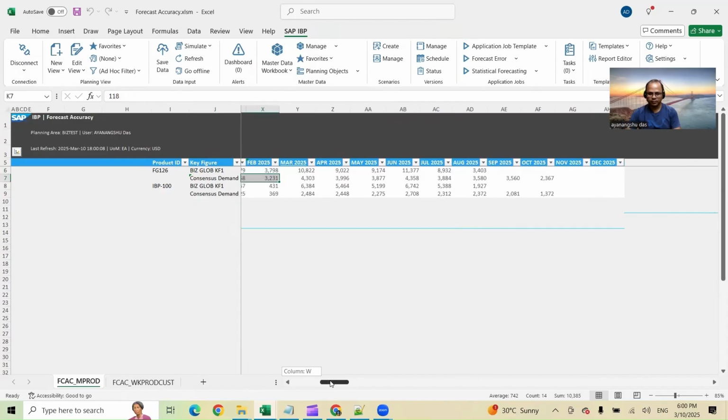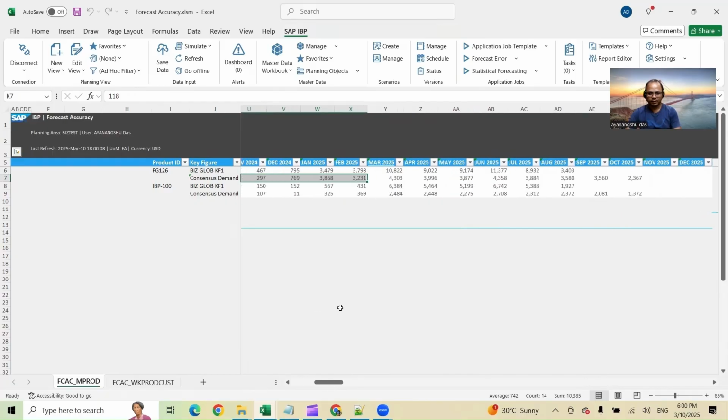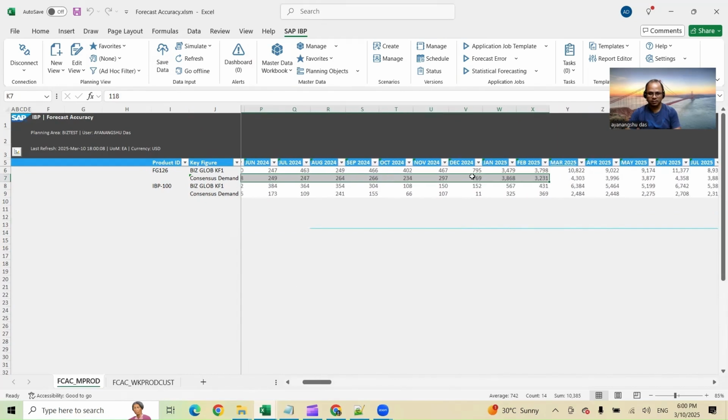So what I would like to do is create another key figure, which will hold the sales history till the last month, that is the period before the current period, and then it will hold the data from the other key figure for the future months.